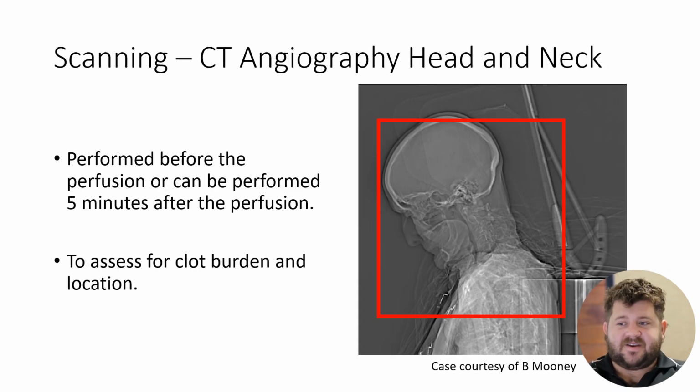So the next step in our scanning is our CT head and neck angiogram. On this scan, the main thing our radiologists and interventionalists are looking at is assessing the vessels to locate the clot. When they're doing this, they're determining the chance of them removing the clot. If the clot is too distal, in a tiny vessel deep within the brain, it can be hard to get to, and they might not be able to remove it.